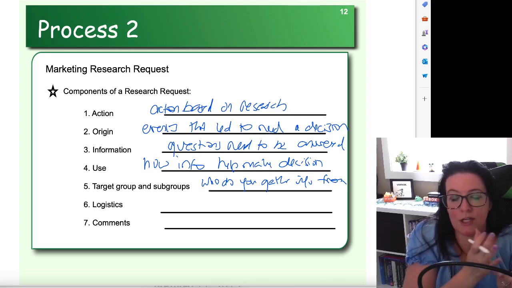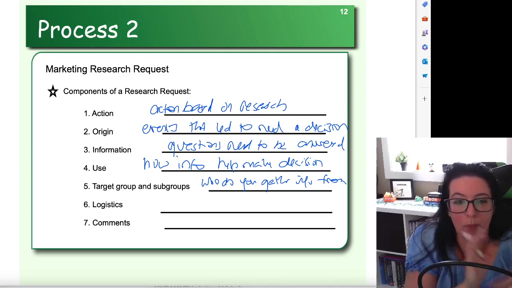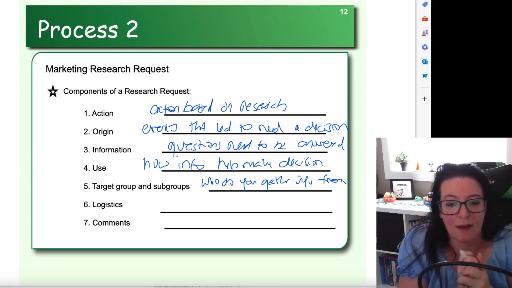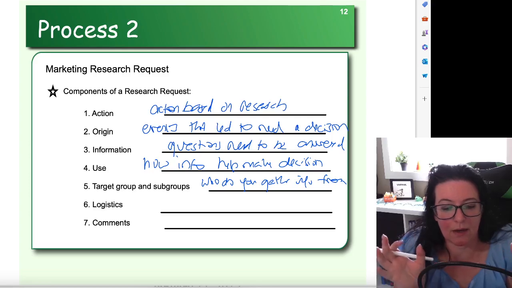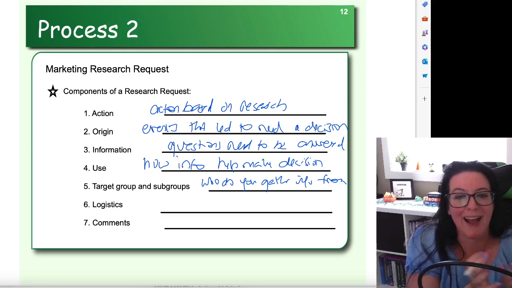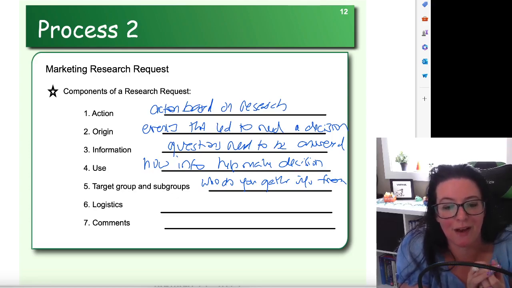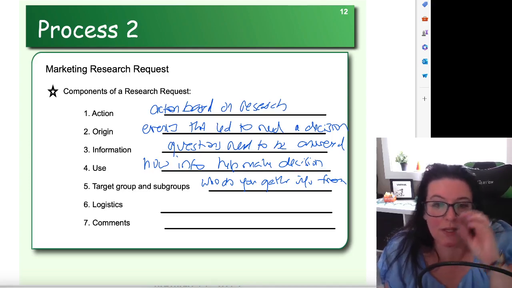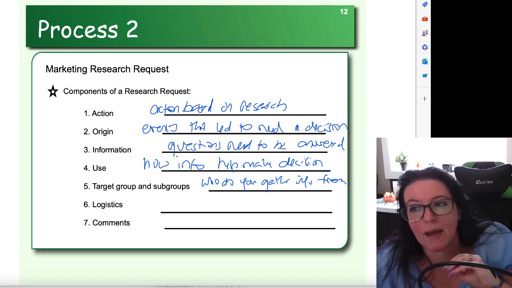Do we need information from people who are currently using a particular medical treatment, to see if our additional service, maybe we're looking at proposing a nutrition plan that we think would add to and increase the benefit of certain medications? Our target group there is going to be just the people who are on that medical treatment.